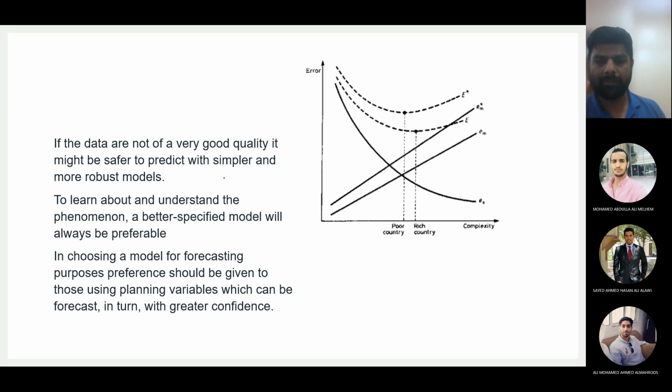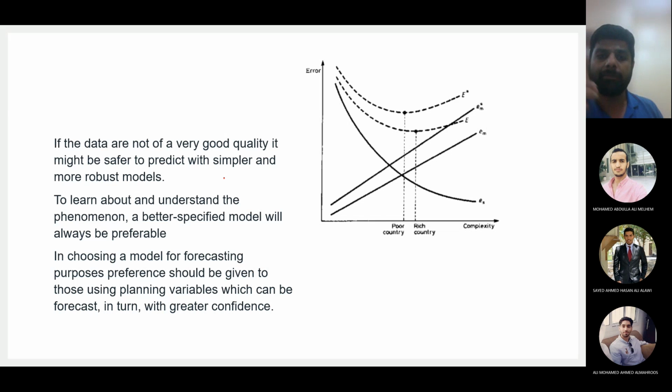In some cases, you are trying to put more variables in the equation. The model is becoming more complex. Your thinking is, if the model is more complex, I will have better accuracy. But the problem is with your data collection. The data which you are collecting has large measurement errors.